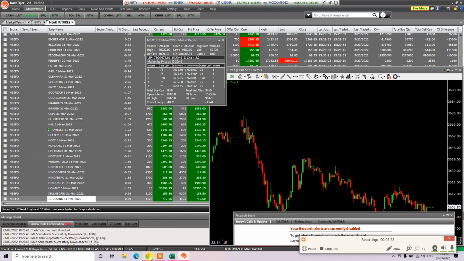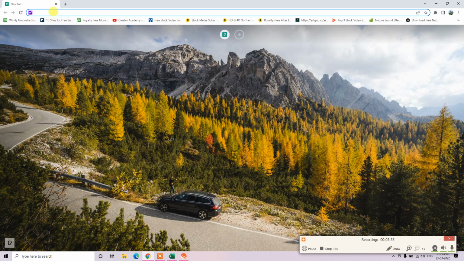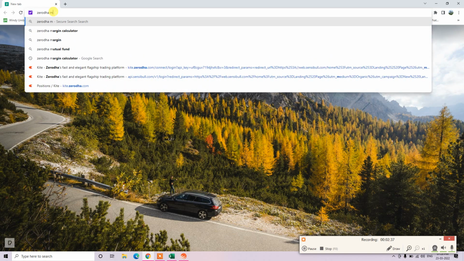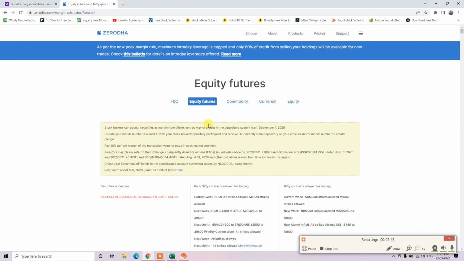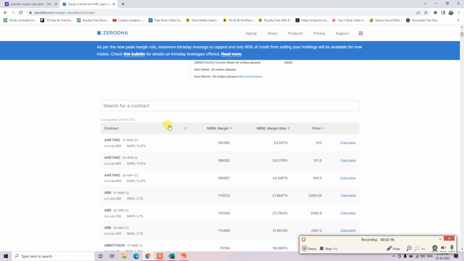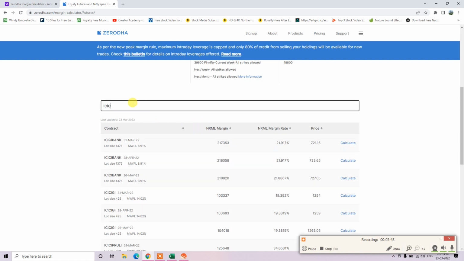Let me open the Zerodha site calculator. I'll come to equity future. I'll select ICICI. ICICI lot size is 1375.